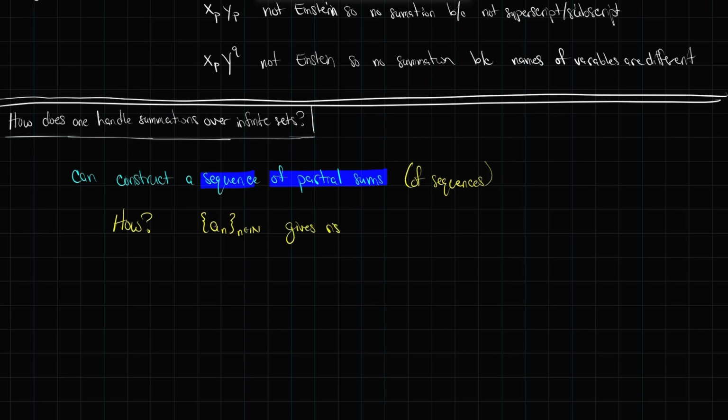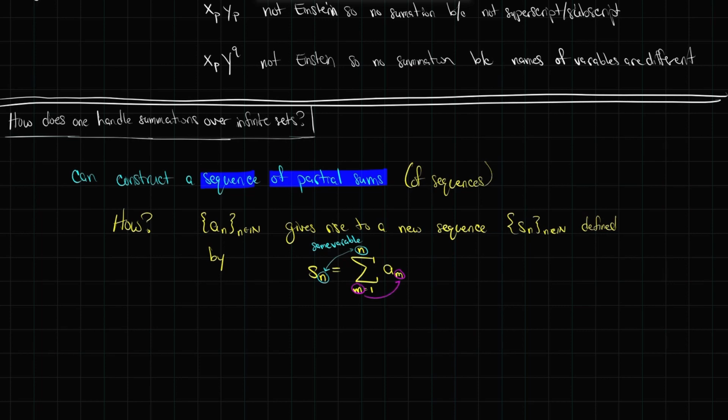This gives rise to a new sequence, S sub n, S for sum, also in the natural numbers, defined by S_n equals the sum, and here I'm using the sigma notation, m starts at 1 and it ends at n. Okay, so that variable and that variable are the same. Same variable. Over here, this is the variable associated to a_m now.